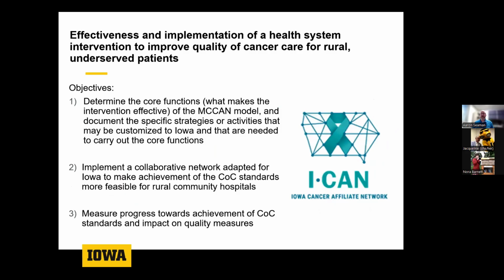Dr. Charlton, who is the PI of the grant, applied for a grant through the National Cancer Institute to codify the elements of the McCann model, determine the core functions of the model, and document the specific strategies or activities that may be customized to Iowa and that are needed to carry out the functions.